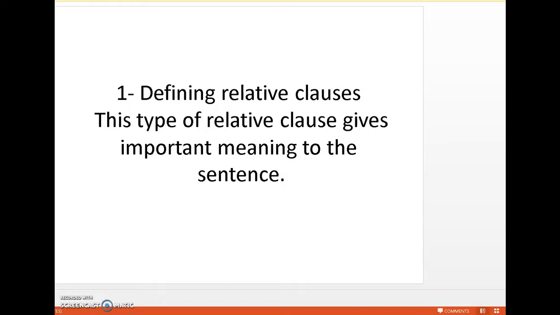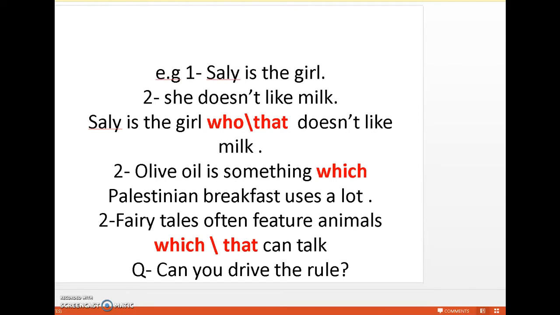To prove this, let's take an example. Example number 1. Sally is the girl. She doesn't like milk. We're going to join these two sentences in one sentence.